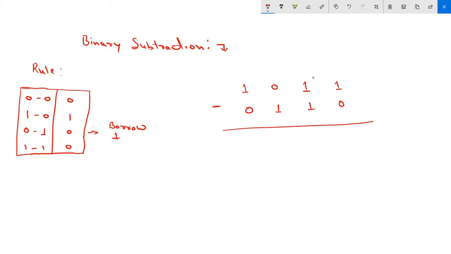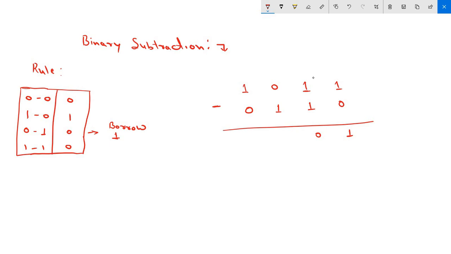So I have two binary numbers. Now we go for binary subtraction. So 1 minus 0, according to the rule, 1. 1 minus 1 equals 0. Okay. Now 0 minus 1. According to the rule, 0 minus 1, 0, borrow 1.